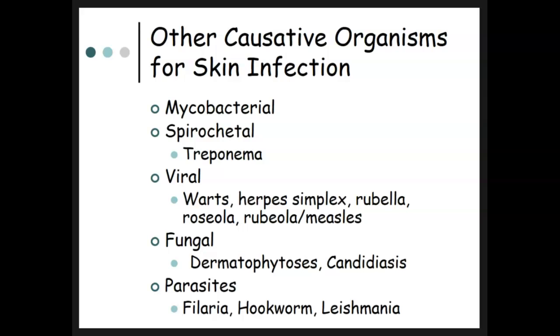We can have viral skin infections, which usually manifest as warts, but also the rubeola measles rash. We can have fungal skin infections, and we learned all about that in microbiology 1. And you also talked extensively about parasites in that class.